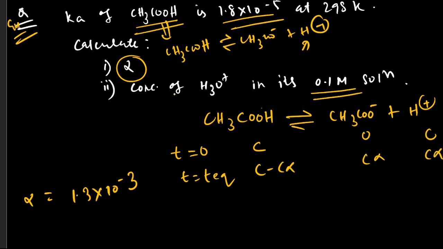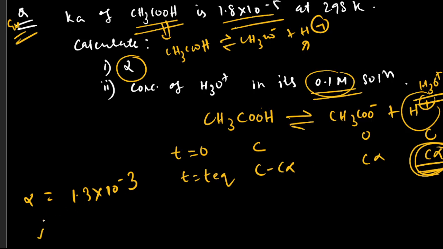And they ask for the concentration of H3O plus. So H plus and H3O plus are the same. I already explained why we are not writing H plus; practically we are getting H3O plus. So they want us to find this value. We know the alpha and we know the C, so H plus or H3O plus equals C alpha.